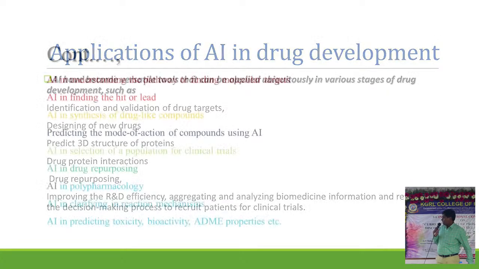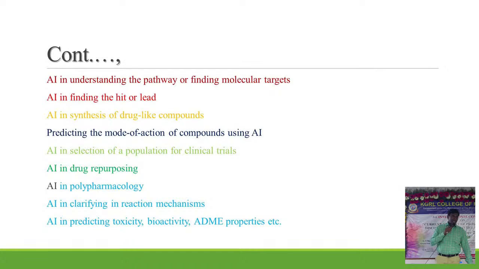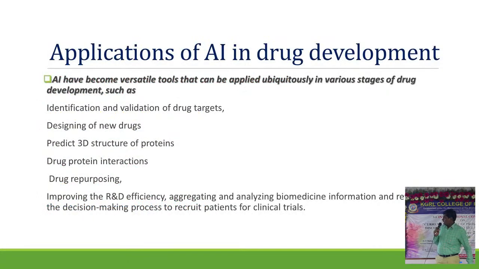Next, drug protein interactions or drug interactions, and drug repurposing. After corona, there is great need in the drug repurposing. Already we have thousands of drugs in the market. So using those drugs, repurposing, right? Using those drugs and testing for different diseases. So drug repurposing.